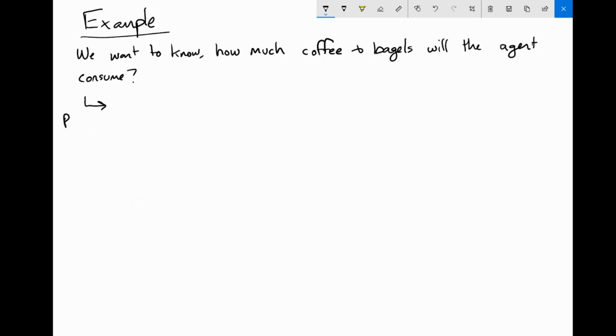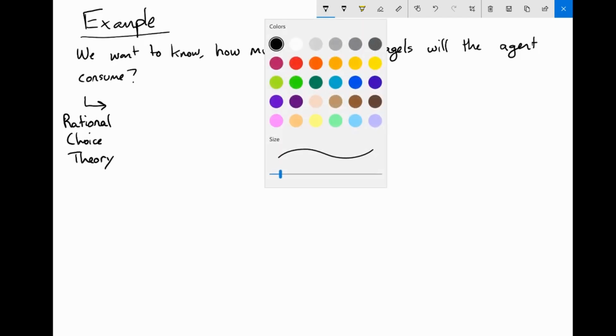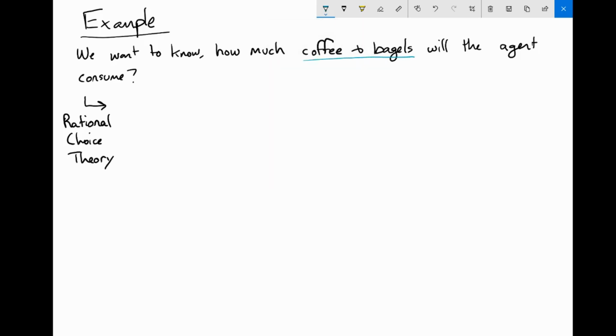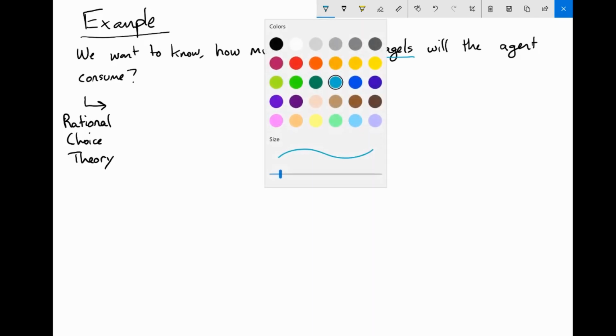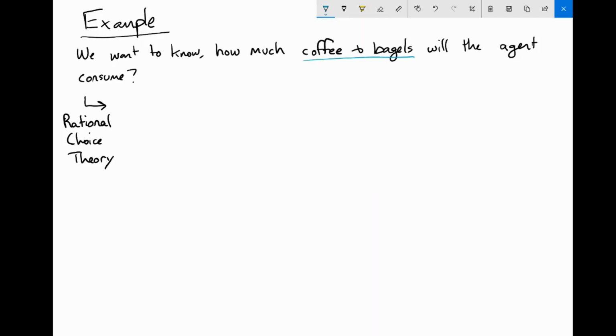We know that according to rational choice theory, the way in which an agent chooses the number of cups of coffee and bagels is that they choose C and B in order to maximize their utility.